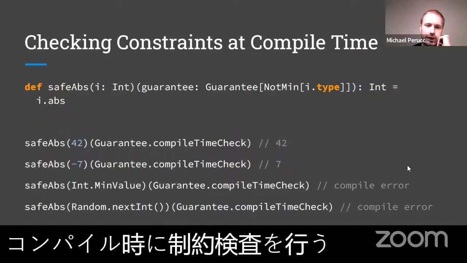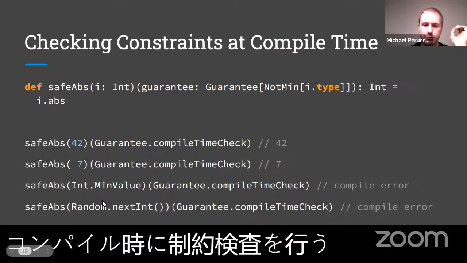And so if we have that in place, we can go ahead and call safe abs on 42, and we can do guarantee.compileTimeCheck now. And this will work. It'll give us a 42. It'll compile. It'll work with the -7. If we try to call it with the minimum integer, we will get a compile time error because our check will fail, because it will see that this is the minimum int.